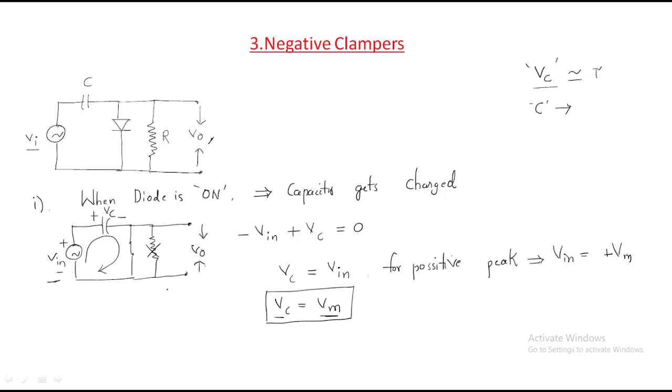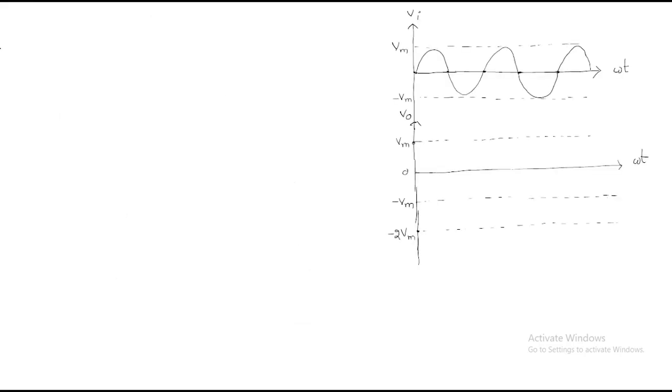And the second case: the capacitor gets discharged when the diode is off. The capacitor releases the energy. The capacitor is discharged simply.